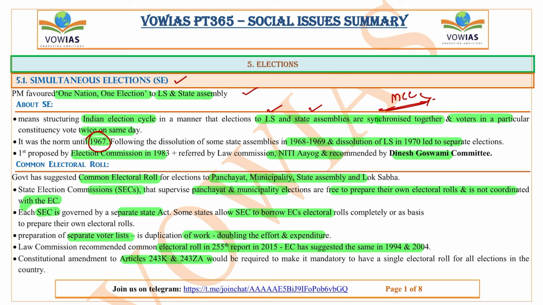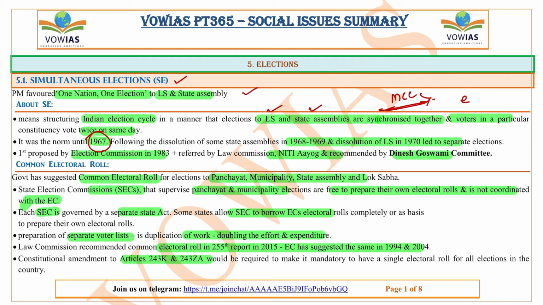To stop these corrupt practices during elections, the model code of conduct was introduced, and as the model code of conduct is applicable during the elections, the central government will not be in a position to implement most of the schemes for better governance. So because of this, governance is getting hampered.